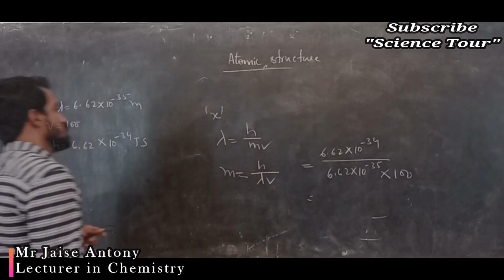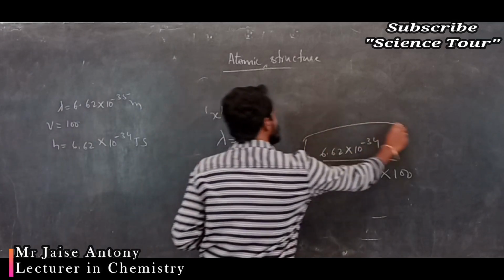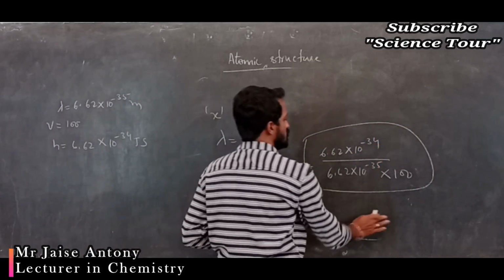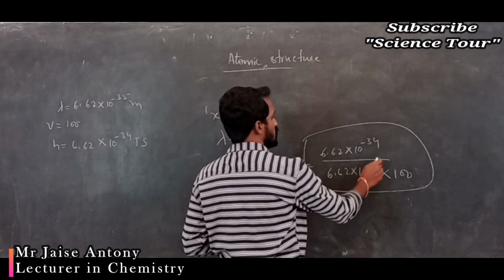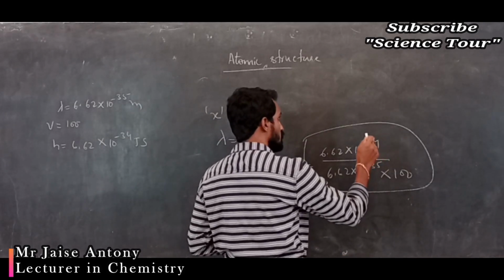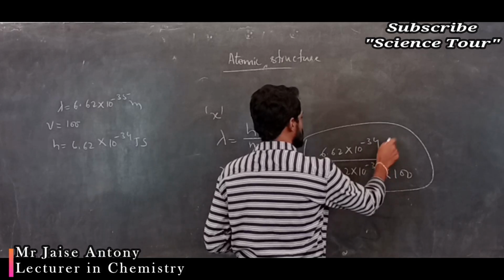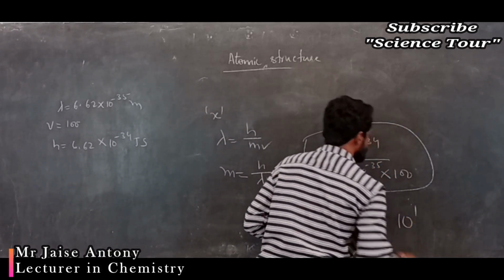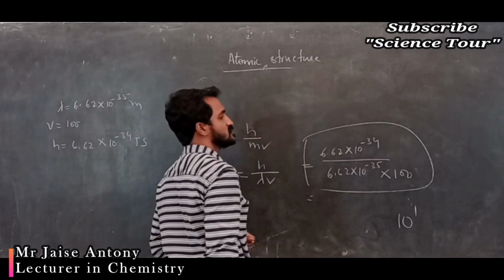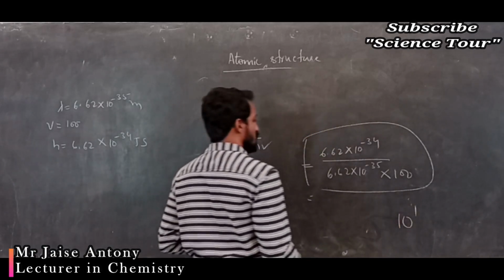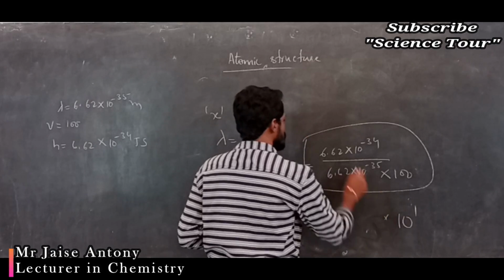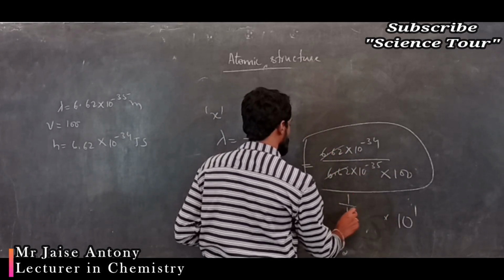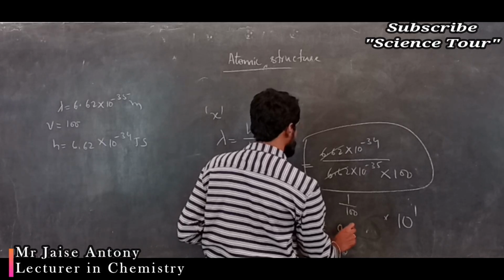Okay, students, in this one we have to solve this. First the 10 to the power part, my dear students: 10 to the power minus 35 goes up, it becomes 10 to the power plus 35, and it becomes plus 35 minus 34, it gives actually 10 to the power 1. And into, see here, this will get cancelled, this becomes 1 divided by 100. 1 divided by 100 is how much, my dear students? 0.01.